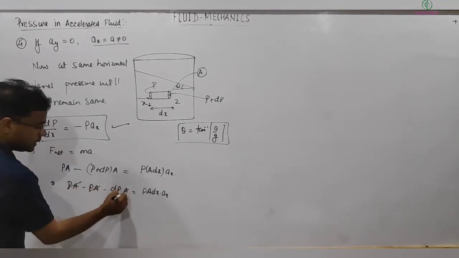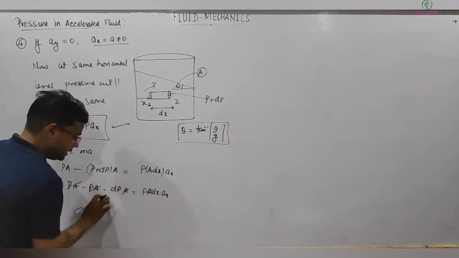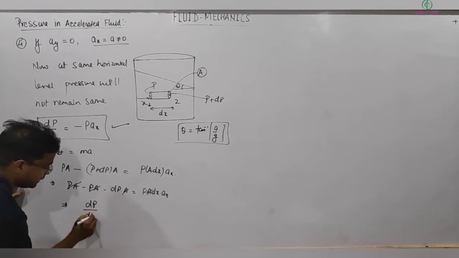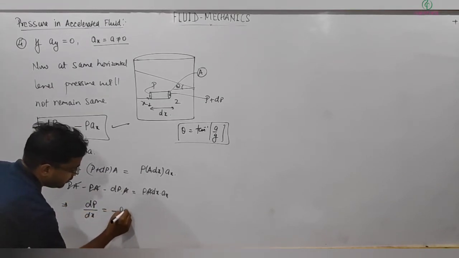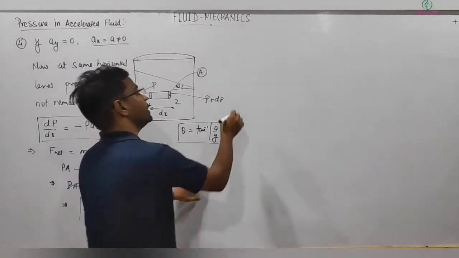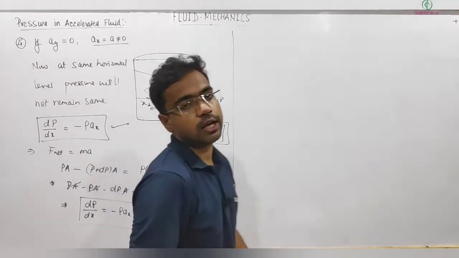A cancels, dividing by dx and sending that negative sign across, we get dp by dx is equal to minus rho into ax. So simple, this is your result when there is acceleration in the x direction.